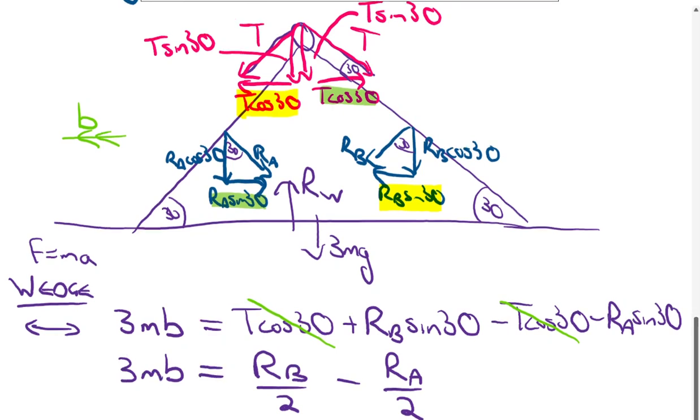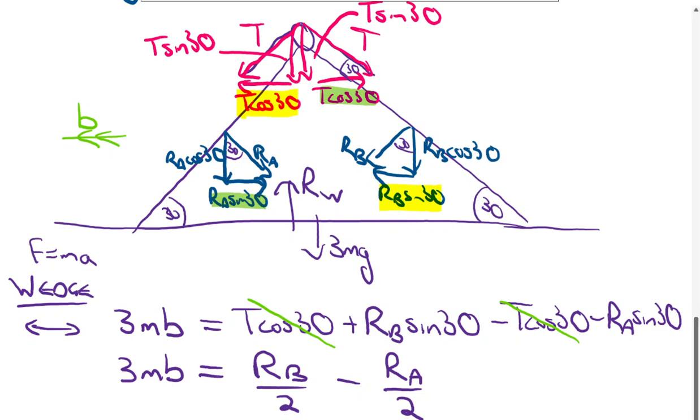Now, the question says we just want B. If we weren't paying attention, what we would do now is the verticals, and we'd get an equation for all the ups equaling the downs because it's not moving up and down.